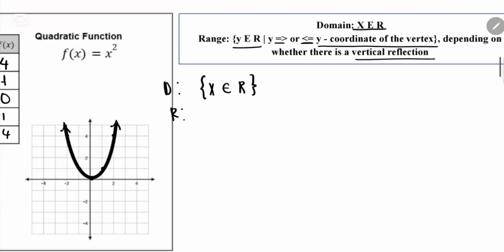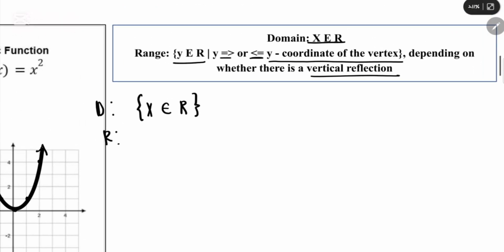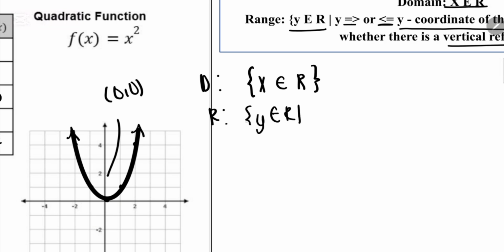That's what a vertical reflection means. Okay, so for this one, the vertex is at (0, 0). So our range would be y ∈ ℝ, such that y is bigger or equal to 0.